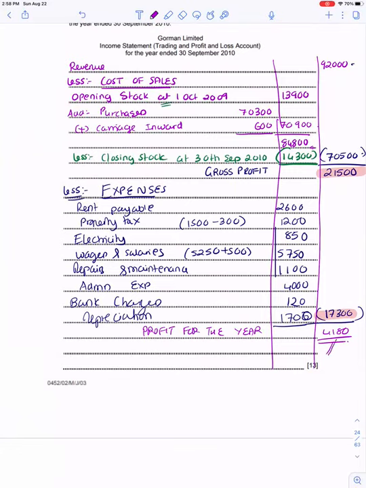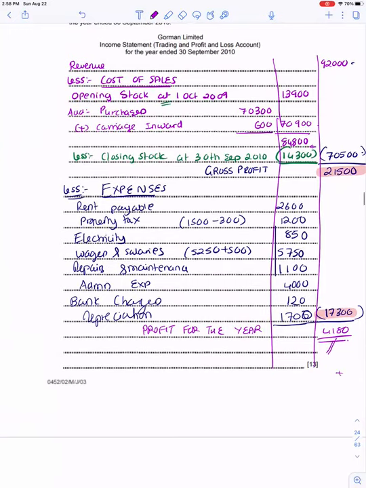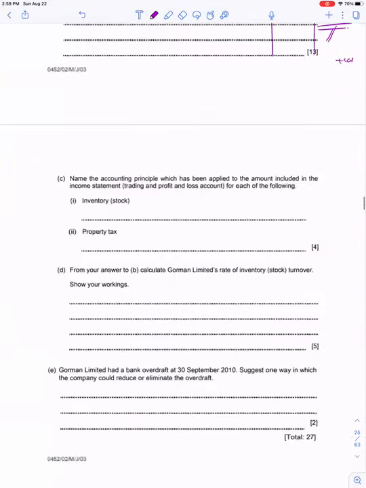Profit for the year figure is very important because it is added to capital in case you're making your balance sheet. Next, we would see the question: name the accounting principle which has been applied to the amount included in the income statement for each of the following.